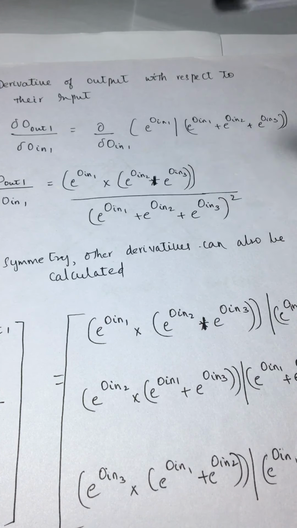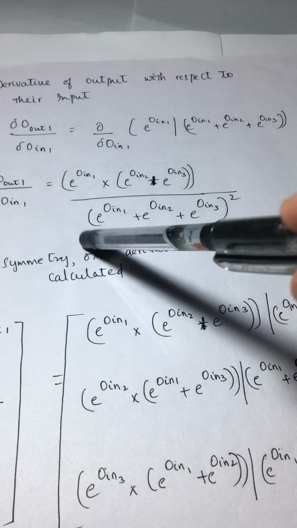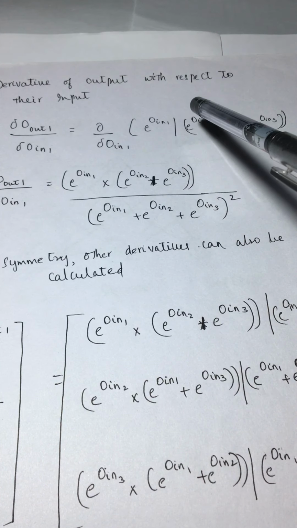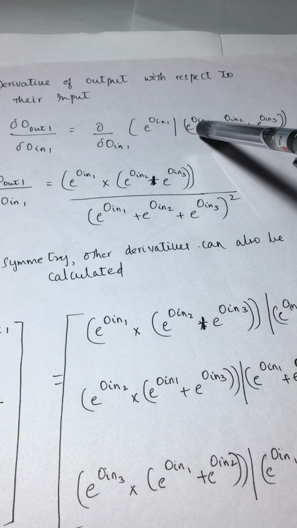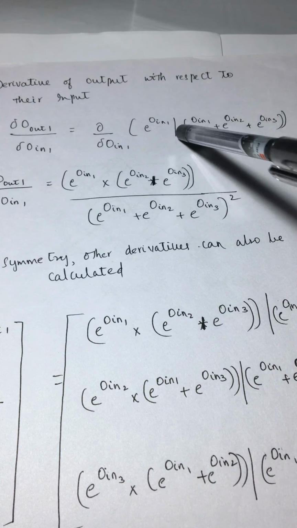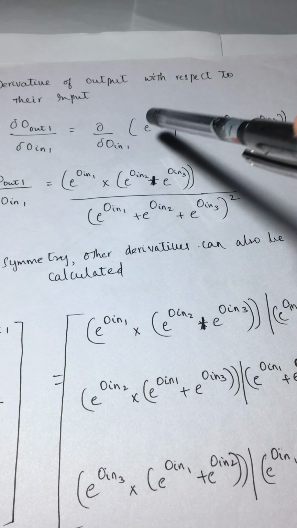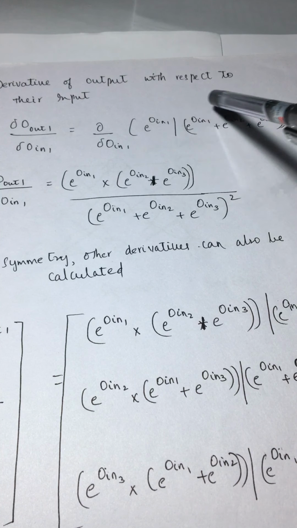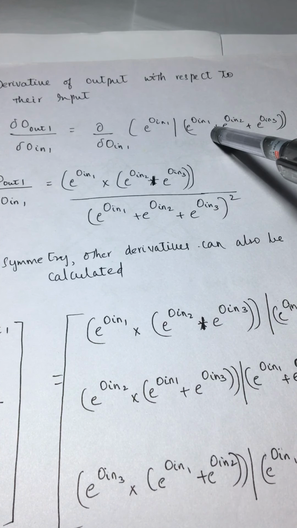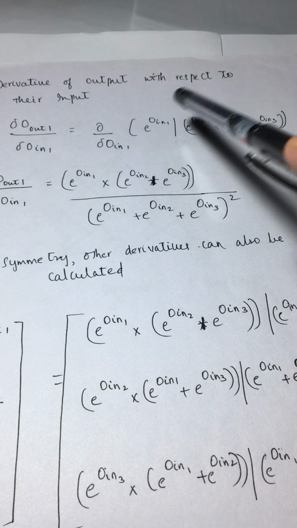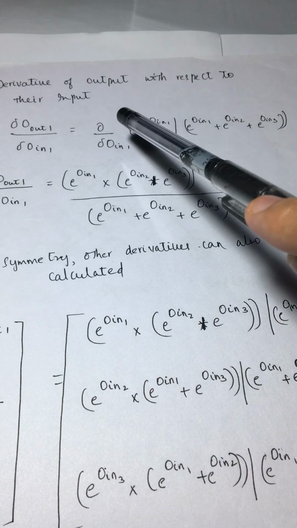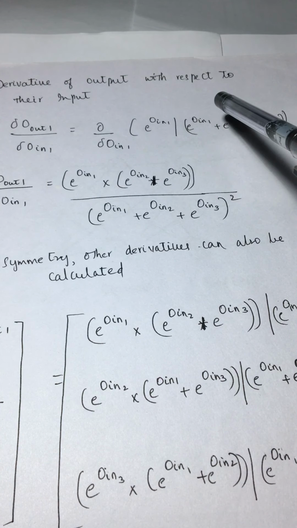Since you have exponentials, you would take similar derivatives. You basically move this to the top, so it becomes e to the power of O(n) square, then O(n)(1), O(n)(2), O(n)(3).